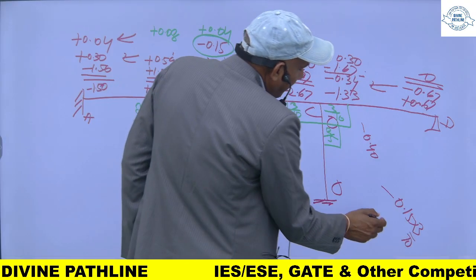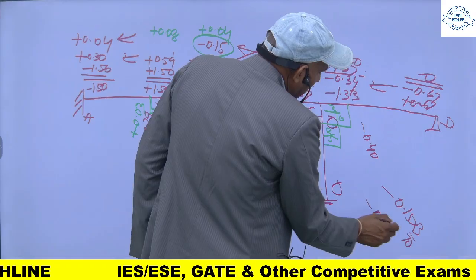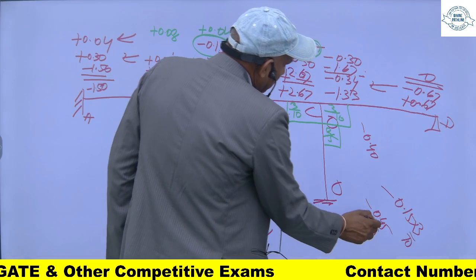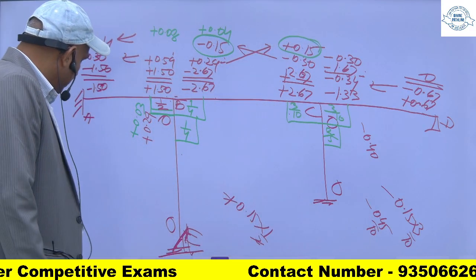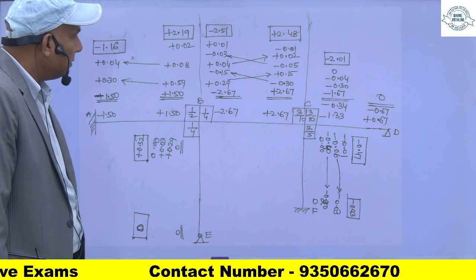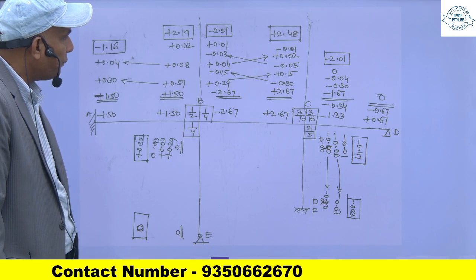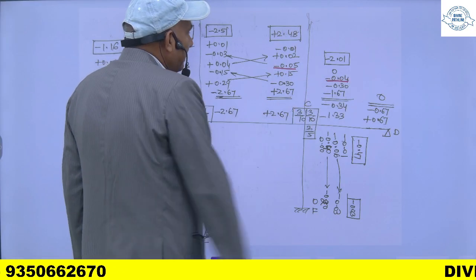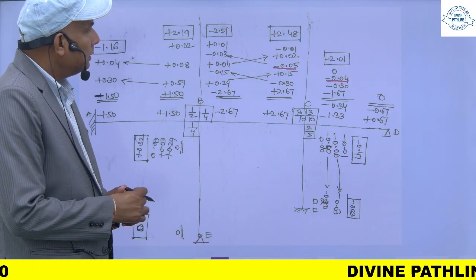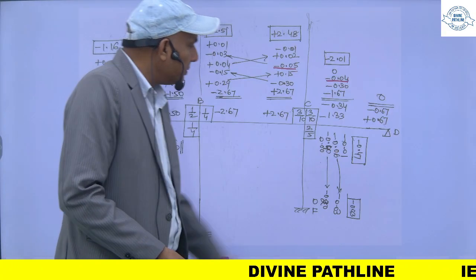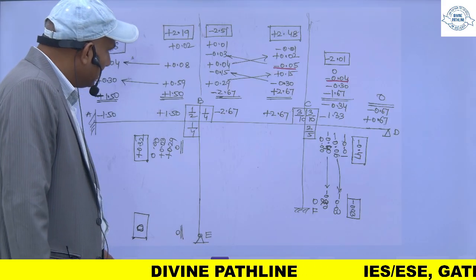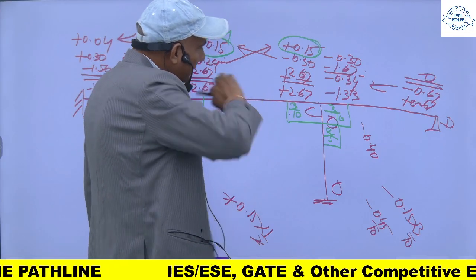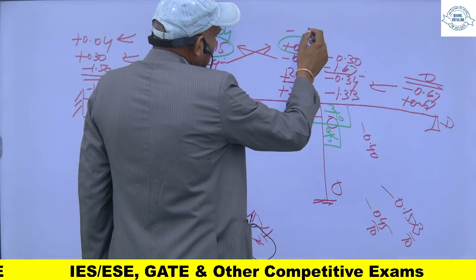So this will be 0.45 by 10, so 0.05 approximately, so minus 0.05, and this you can say minus 0.049, and this will be 0.06 approximately, so as to make it 0.15.